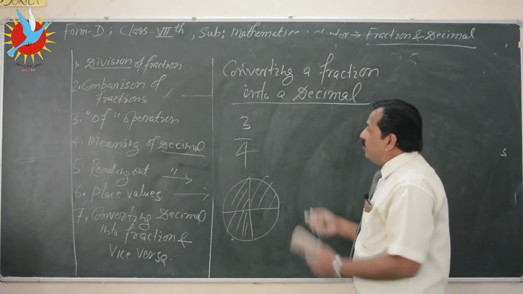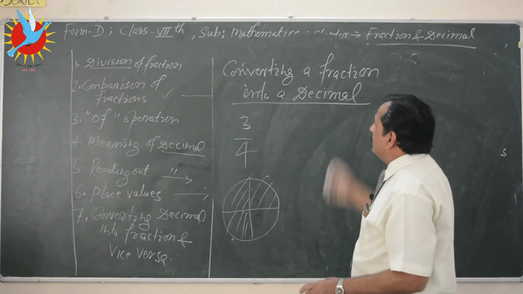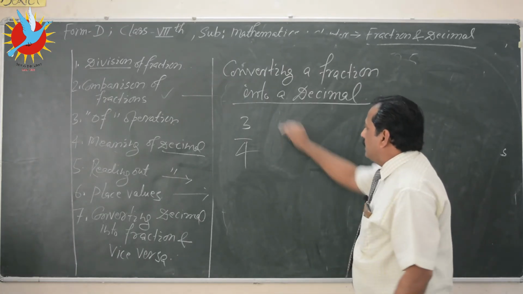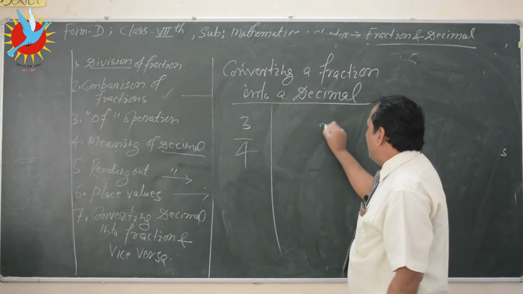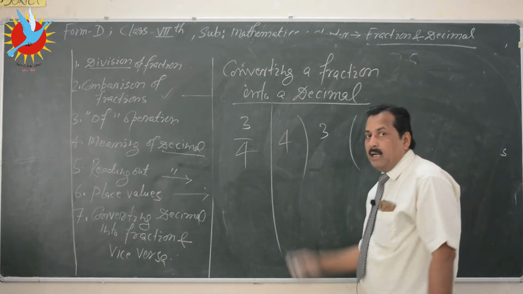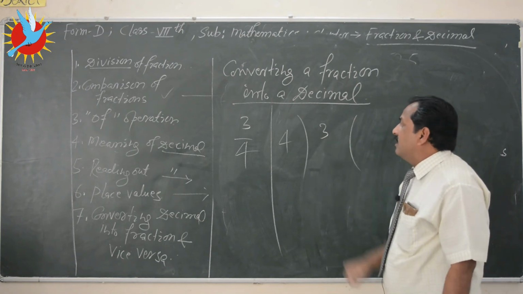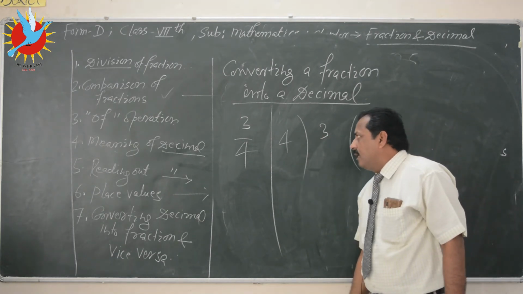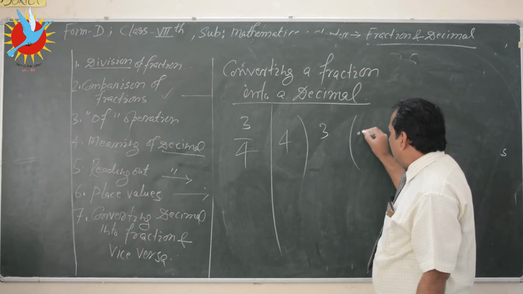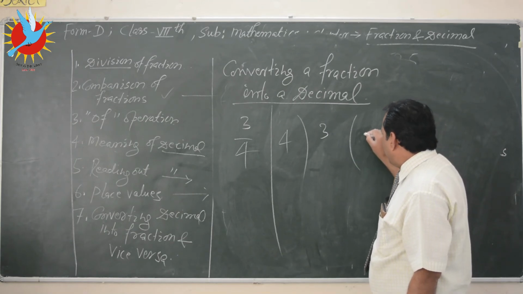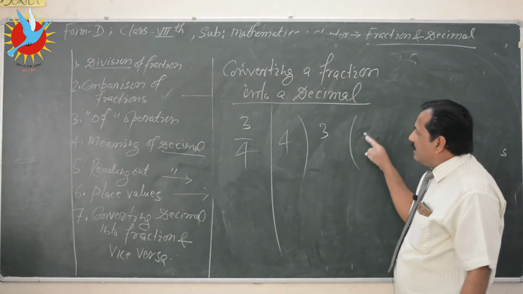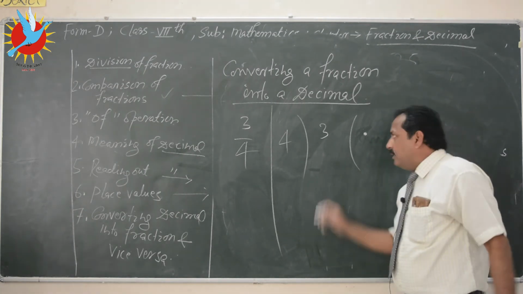Now what is the equivalent form of 3 by 4 in decimal? We have to convert it. How to convert it? See, this 3 is the numerator, and it is divided by the denominator, this 4. At this place the numerator is less and the denominator is greater. So we place a decimal point, and as soon as you place the decimal, it gives you a 0.